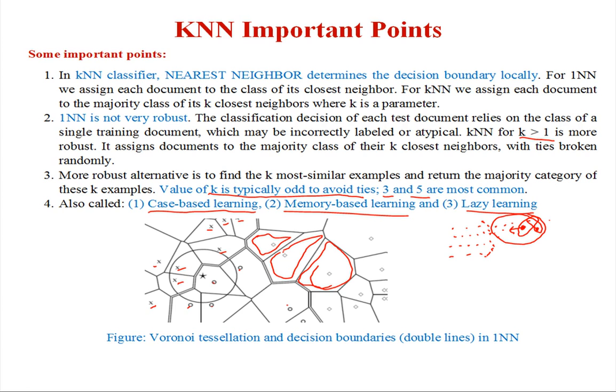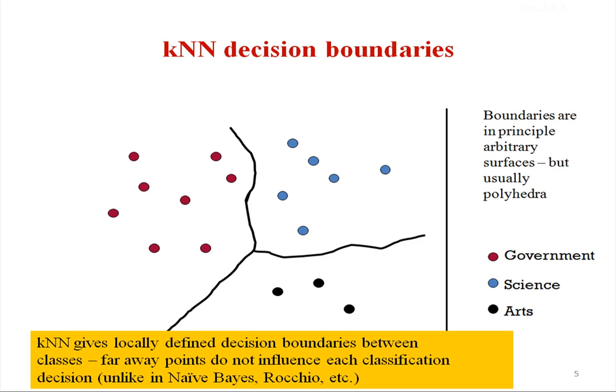This is also called lazy learning. Now this is a k nearest neighbor decision boundary. Boundaries are in principle arbitrary surfaces, but usually polyhedra. This is a simple classification example using k nearest neighbor.